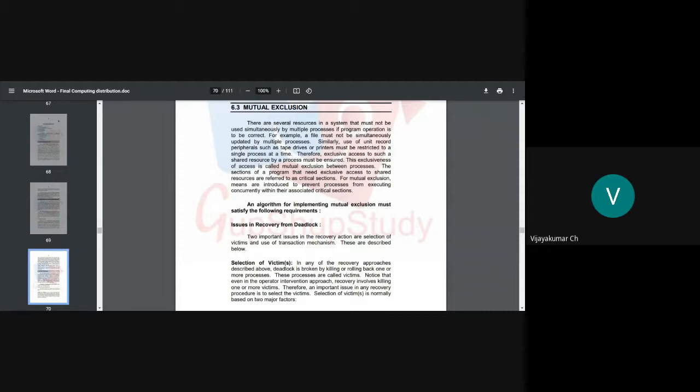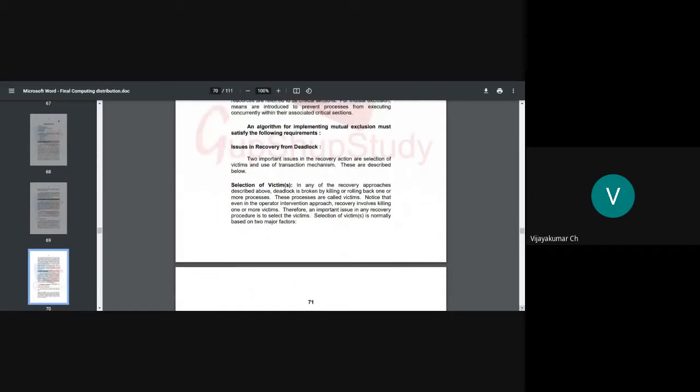So if a program needs exclusive access for sharing memory or sharing resources, that particular section is called a critical section.